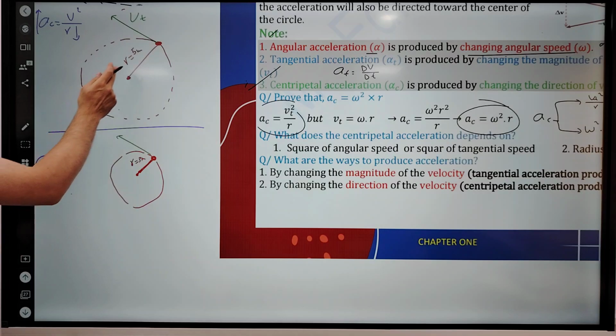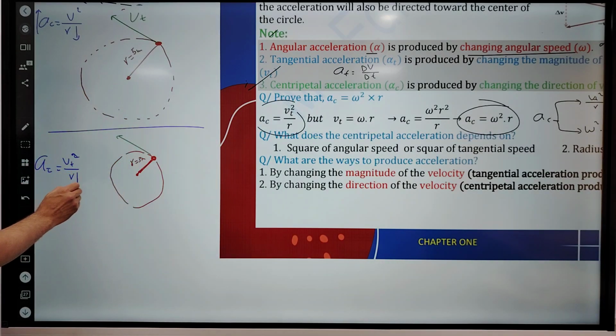It decreased. When R decreased, the centripetal acceleration increased, with the same mass and the same speed.